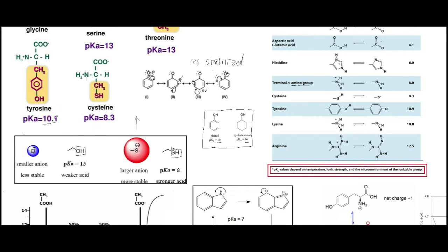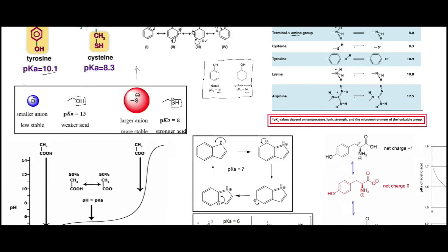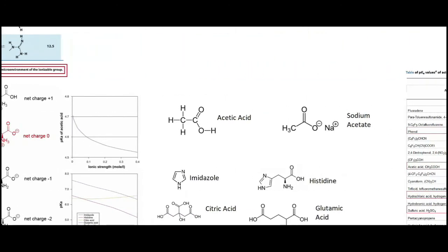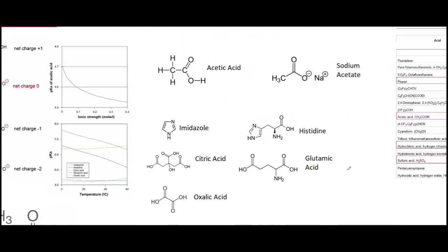This has the 10.1 and this has the 10.9, and that has to do with the environment of the molecule. Ionic strength is just the amount of different salts that you have in your solution.